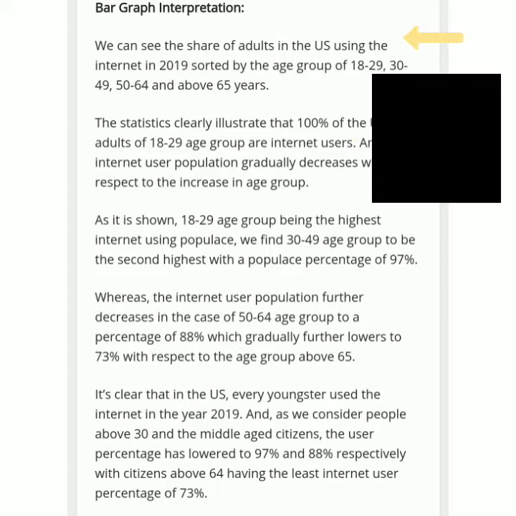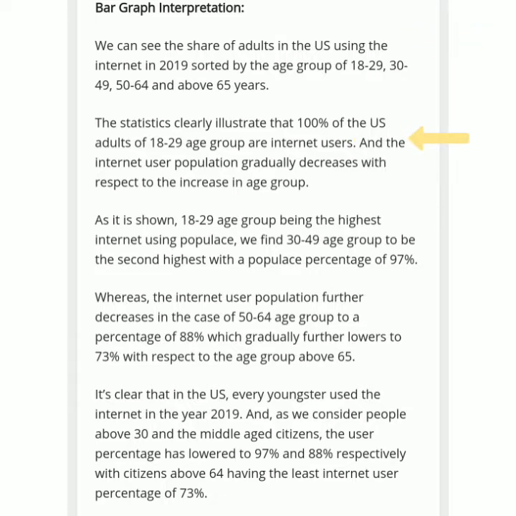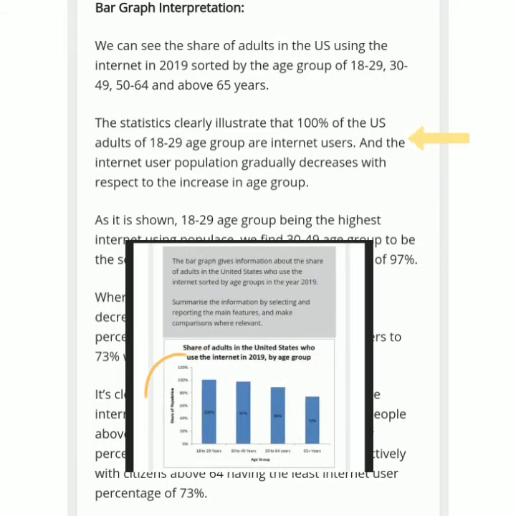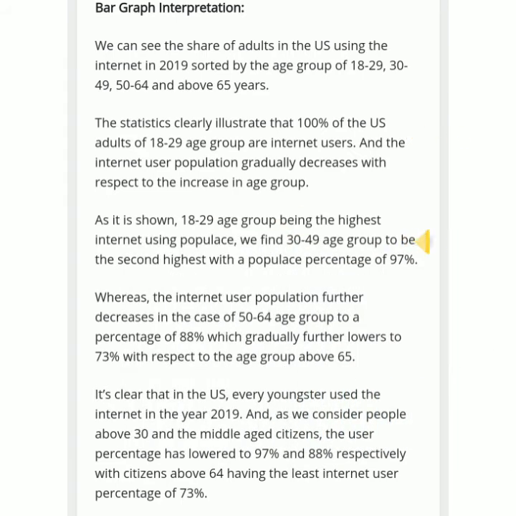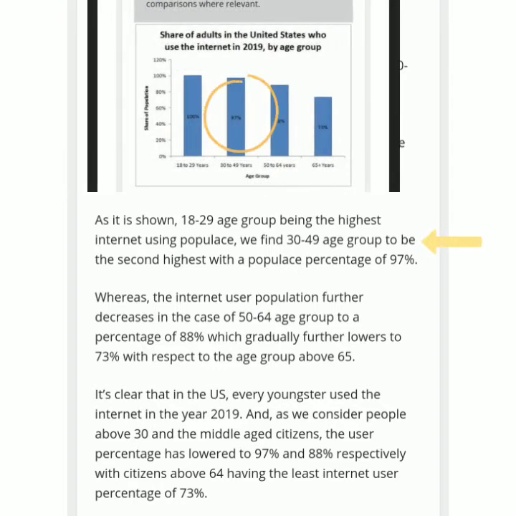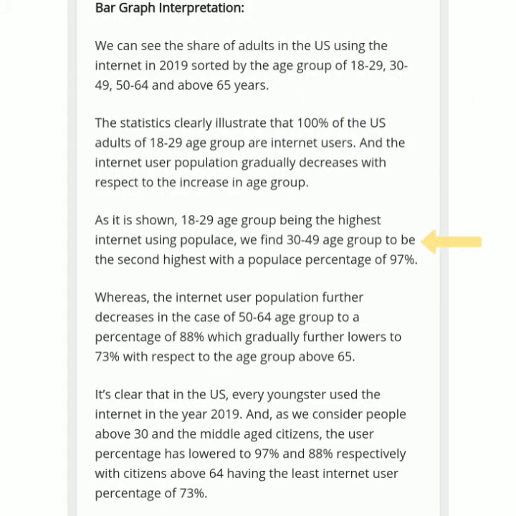The statistics clearly illustrates that 100% of the US adults of 18 to 29 age group are internet users and internet user population gradually decreases with respect to the increase in age group. As it is shown, 18 to 29 age group being the highest internet using population, we find 30 to 49 age group to be the second highest with a populace percentage of 97%.